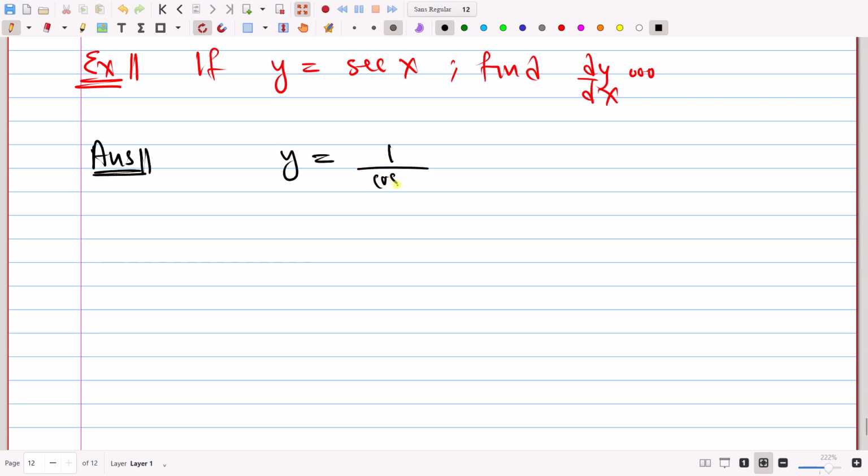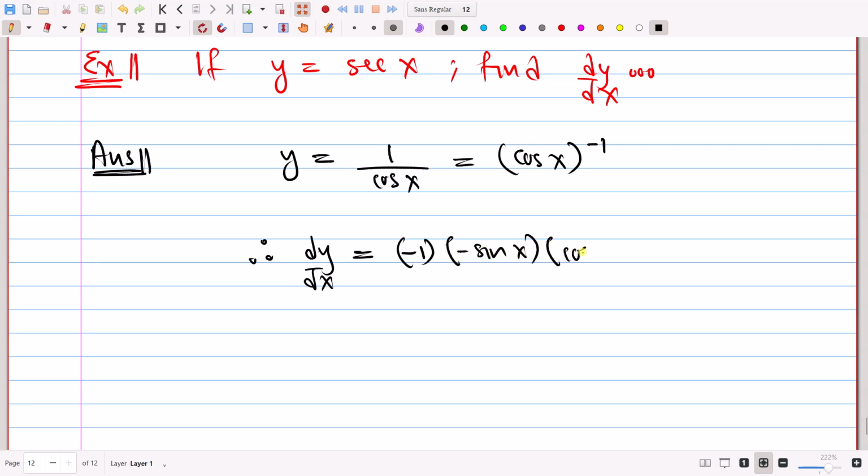We're given y is sec x, but by definition sec is just 1 over cos x, which is the same thing as cos x raised to the power negative 1. To find dy/dx, first I bring down the power, negative 1. Then I differentiate the interior, I get negative sine x. Then I bring cos x, with the power reduced by 1, which gives me that.